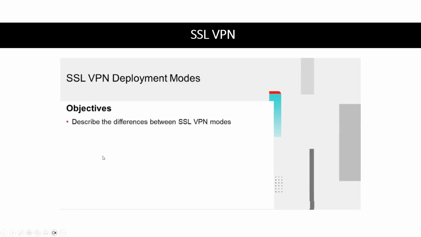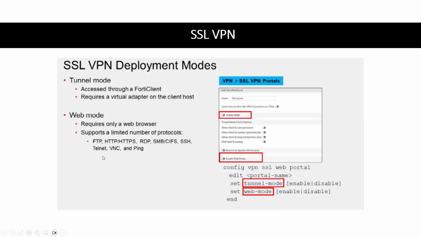Whenever you're deploying SSLVPN, you have two options. You can enable SSLVPN, but you can access it either A, using web mode, or B, using tunnel mode. Both of them can build an SSLVPN connection, but the key thing is they do not support the same features.